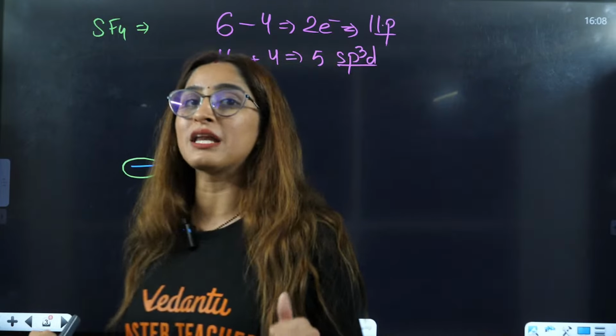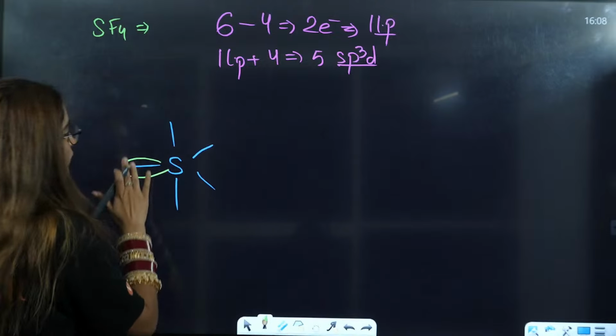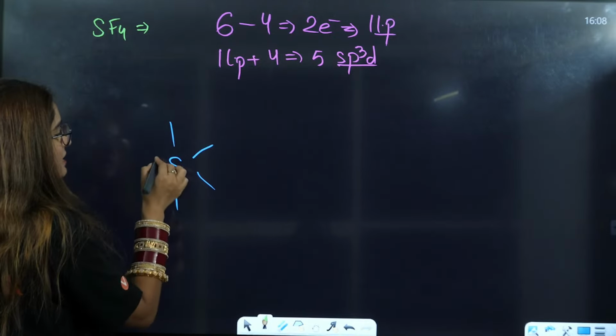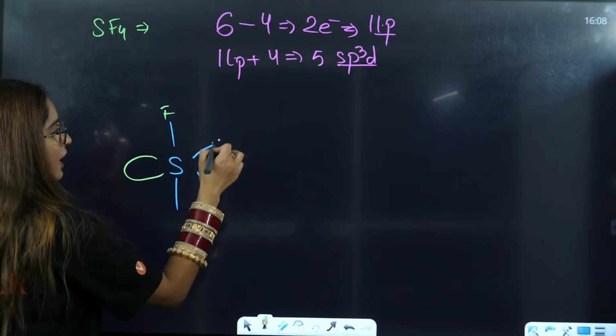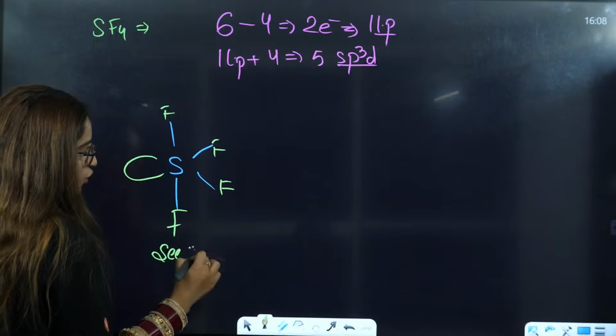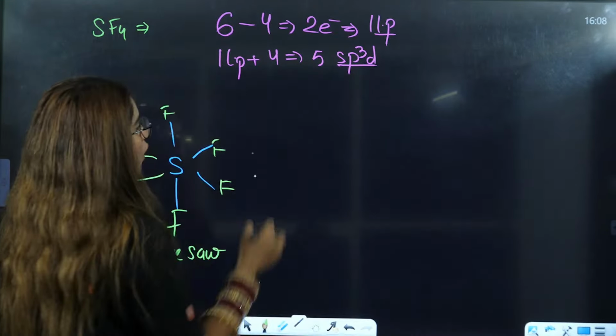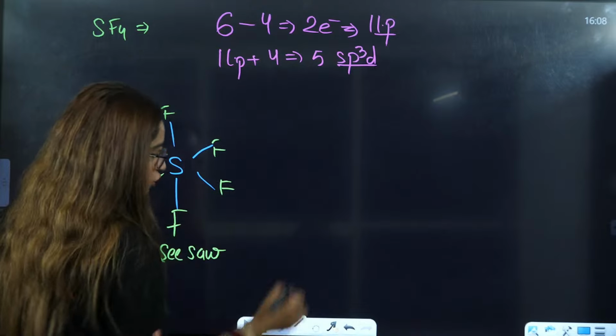On the axial position, the electronegative atoms will be attached. So here you will have one lone pair, and these are F, F, F, F, and that corresponds to seesaw shape. Is that clear to everybody or not?